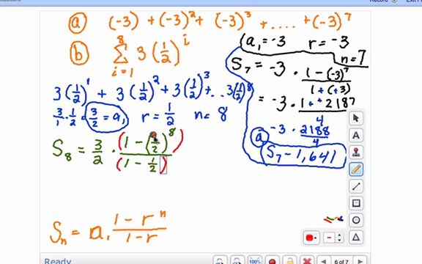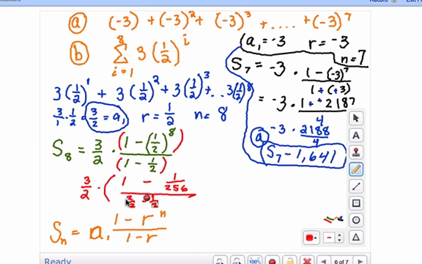Okay, so here remember this is just the same thing as 1 to the 8th, which is easy, that's 1, and then 2 to the 8th. Okay, so 2 to the 8th power is 256. So what you have here is 3/2 times 1 minus 1 over 256, all over, I'm going to write this 1 as 2 over 2 minus 1/2.